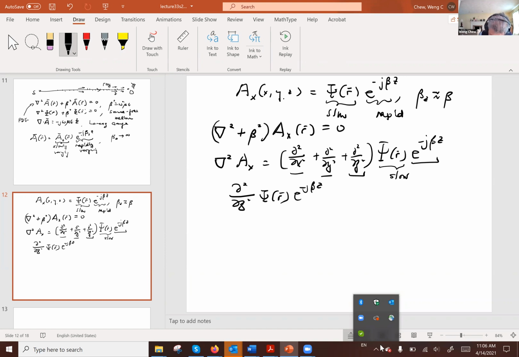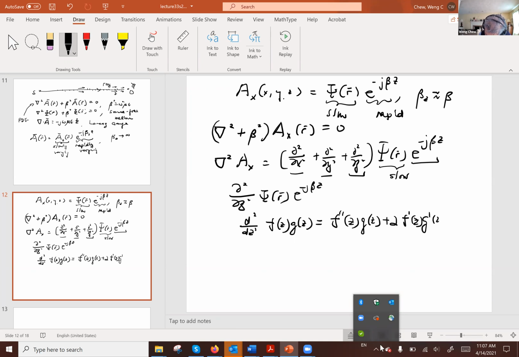And then using the fact that when I differentiate the product of two functions, you probably learned this from your high school algebra. Okay, when you differentiate the product of two functions, you get the second derivative of the first function times g(z), and then 2 times f prime of z, g prime of z.